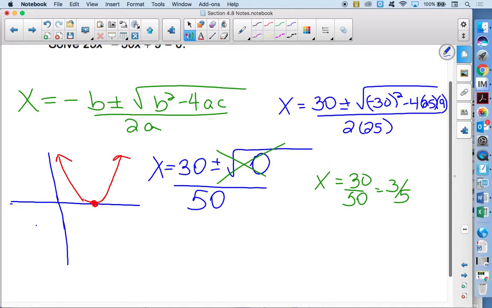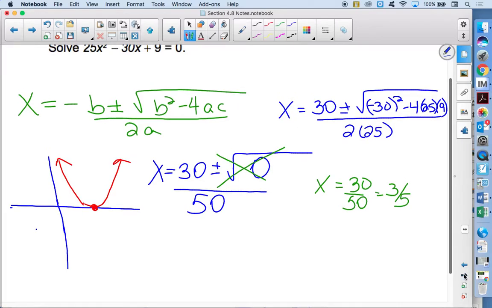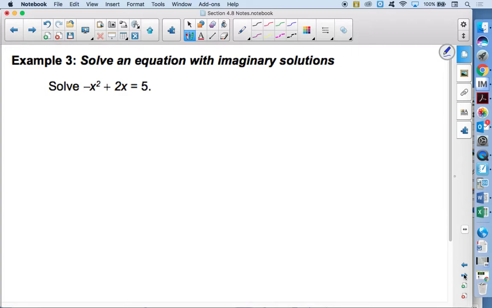The last one on this page says they're going to have imaginary solutions. That means we're going to have an i in the answer. And Audrey, what do you have to do first to solve this one? Minus 5. Yeah, take the 5 to the other side.